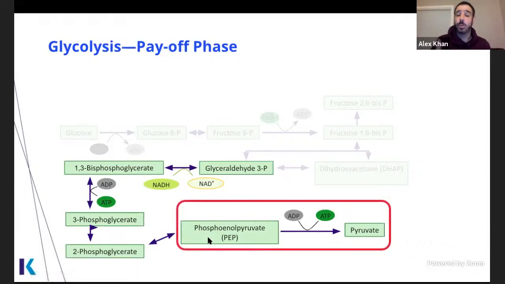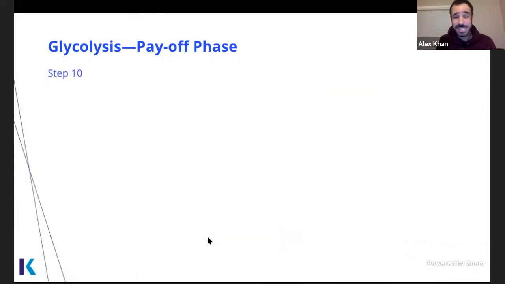I find this step really interesting. Why, you may ask? Well, in step 10, we start with phosphoenolpyruvate. This molecule contains the highest energy phosphate bond in any molecule across any organism.